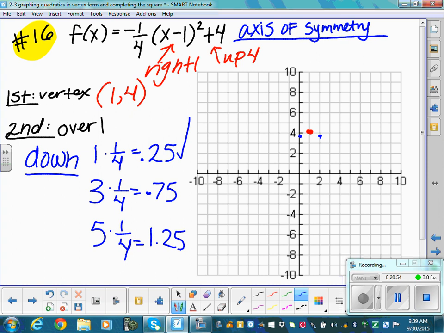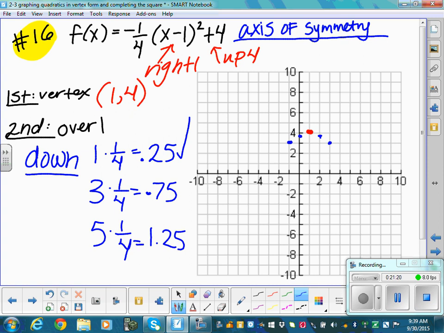Now we're going to go over 1, down 0.75, so not quite 1, but almost 1. From that blue point, you're going over 1, down 0.75. It's going to land kind of right there, due to the fact that it's shifted down.